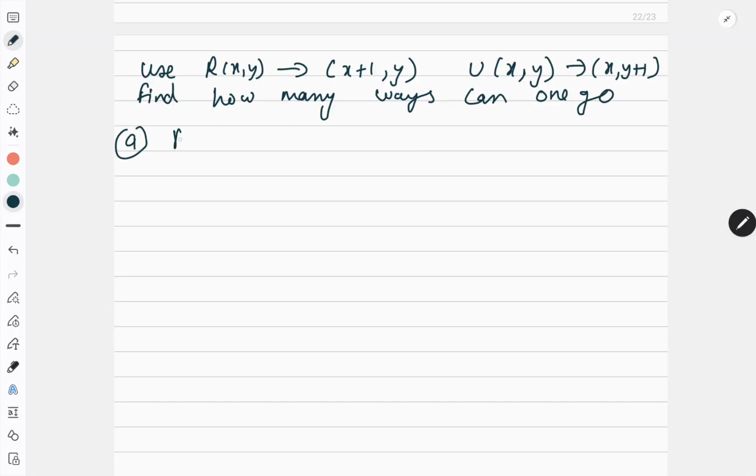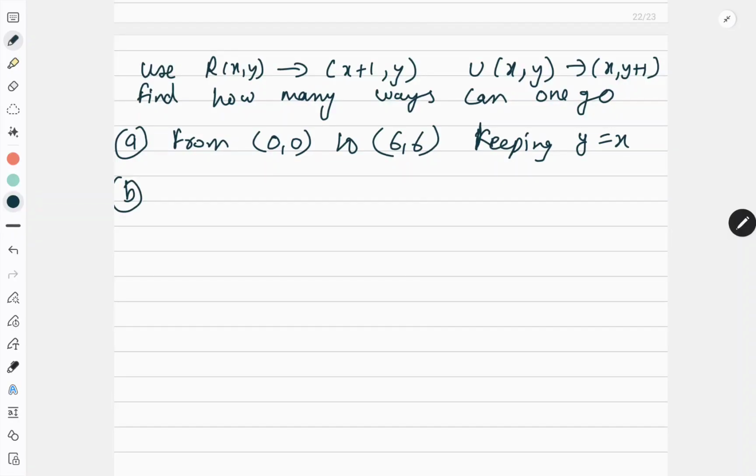First part, from 0, 0 to 6, 6, keeping above the line y is equal to x. And second part, from 2, 1 to 7, 6 with line y is equal to x minus 1.